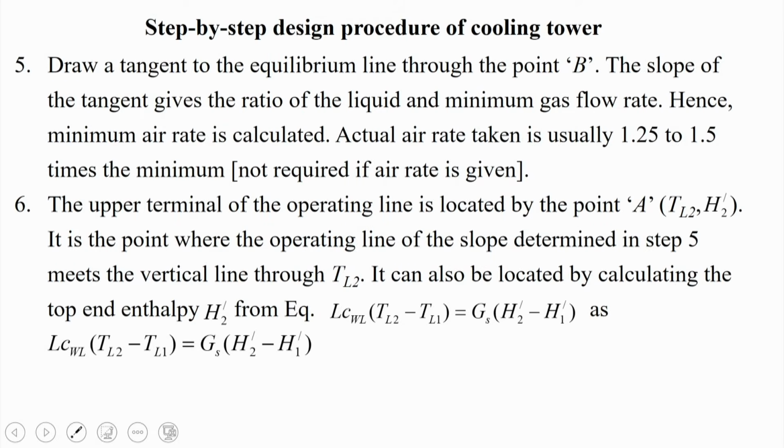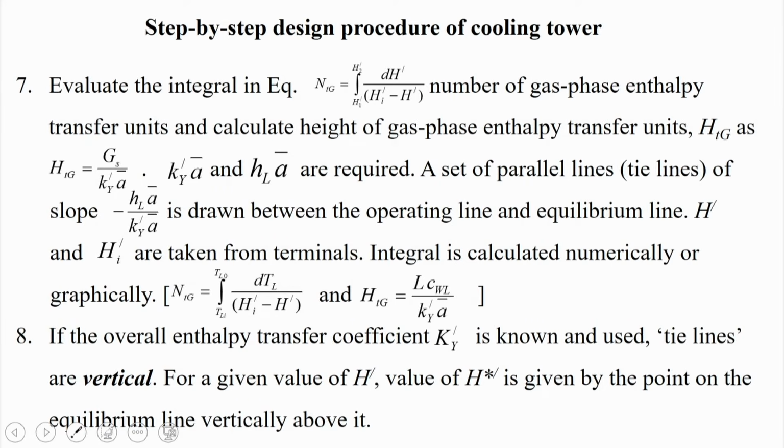Okay. Now, we need to evaluate the integral because ultimately we have to calculate this NTG, that is, the integral dH by H1 prime minus H prime from H1 prime to H2 prime, because that is the number of gas phase enthalpy transfer units.